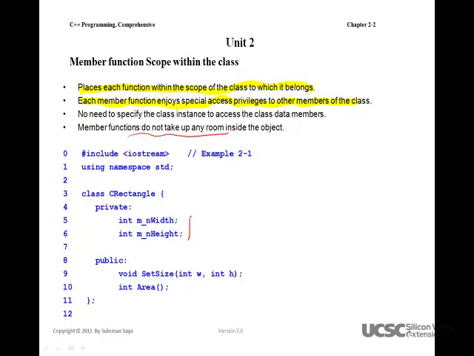If I say that, then once I create the object of CRectangle type, this object will have the width and height. Width and height will be within the object, but the member function is not going to be there.